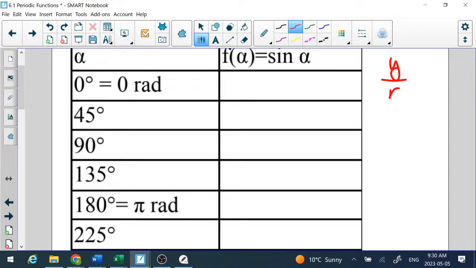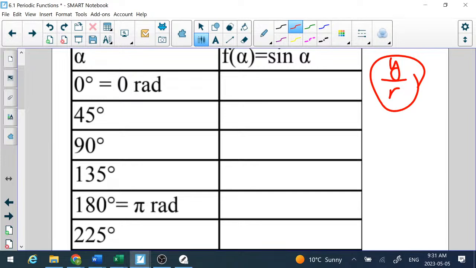Exactly the same thing, because what's the y coordinate at 135? Look at your circle if you want. Root 2 over 2 divided by 1. That's your sine, right? Sine is y over r, the y value over the radius. It's a unit circle. The radius is 1 everywhere.